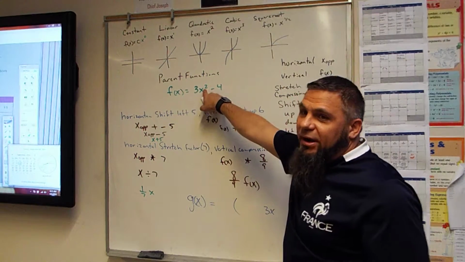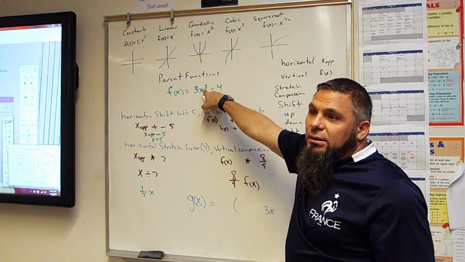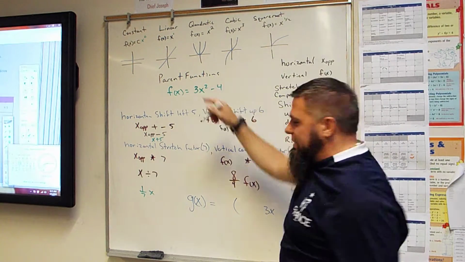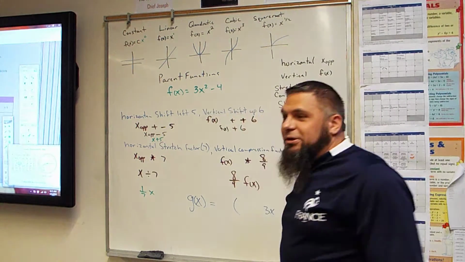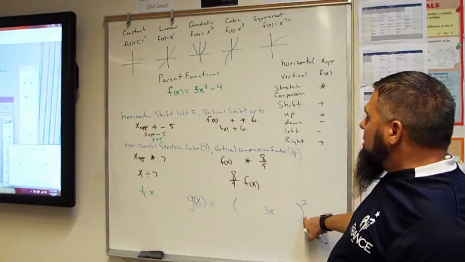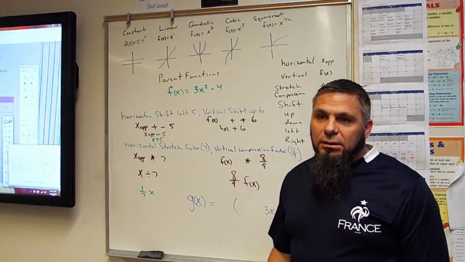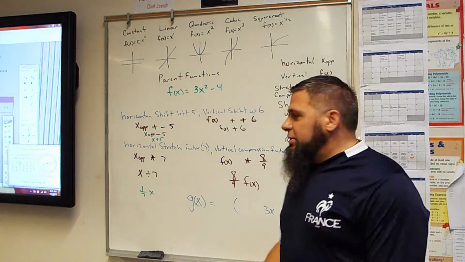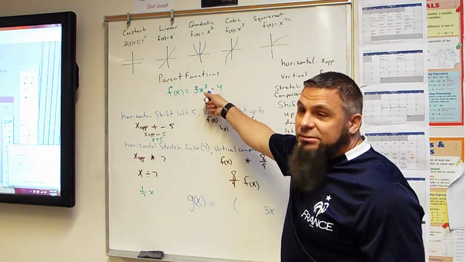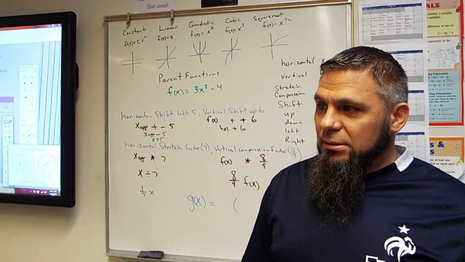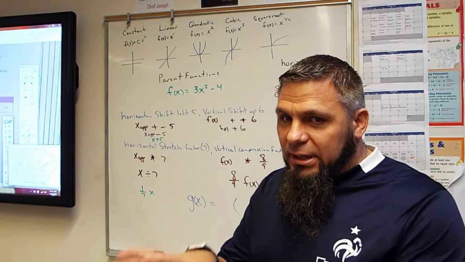In this case, the parent function is a square. Yes, I know this is hard. And then space minus 4. Because what we're doing is we're just rewriting this function right here, but we're going to manipulate it.